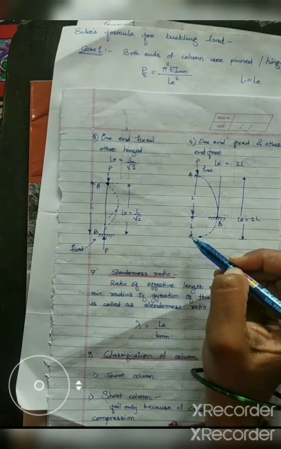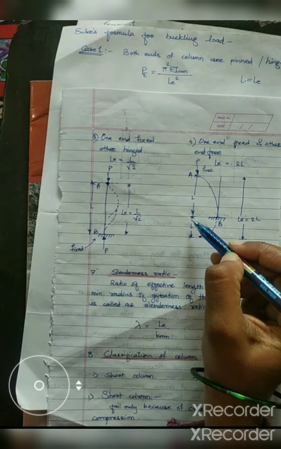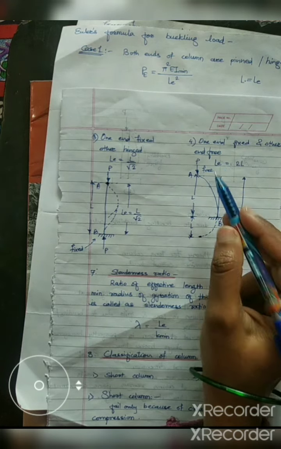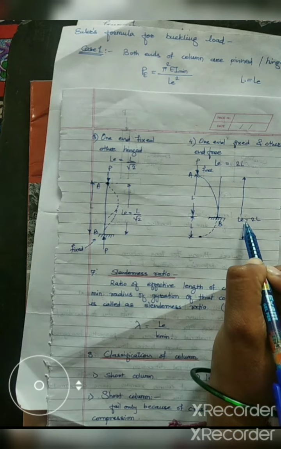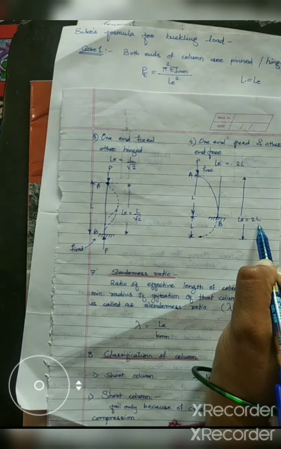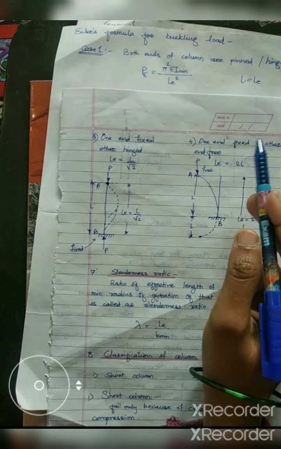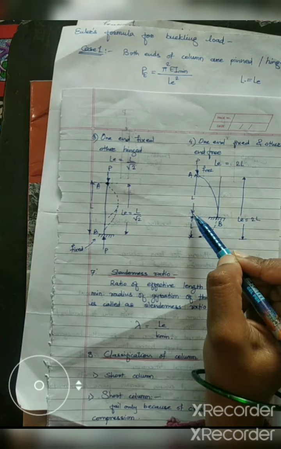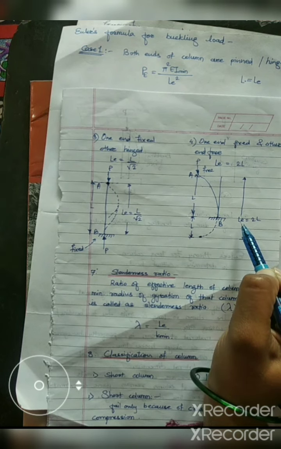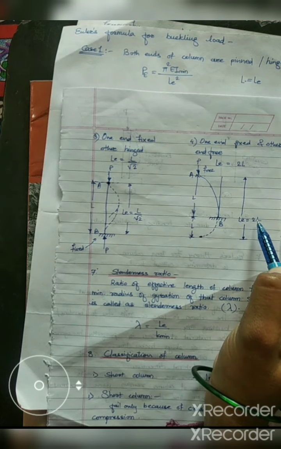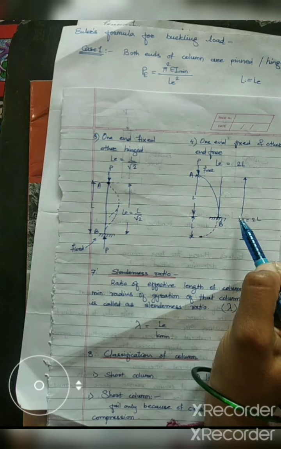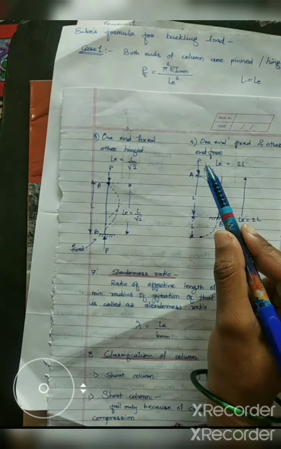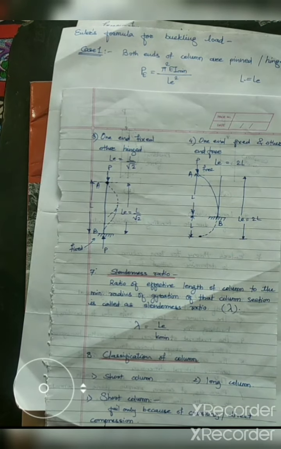You should add this length to calculate the effective length, and that's why L effective becomes 2 times the actual length. If one end is fixed and the other end is free, you have to double the actual length to calculate the effective length, and from the effective length you can calculate the critical load acting on this column.